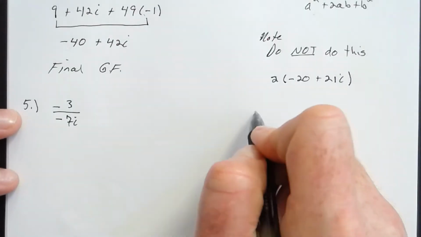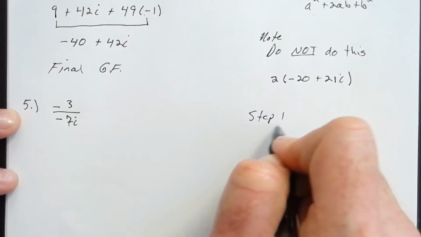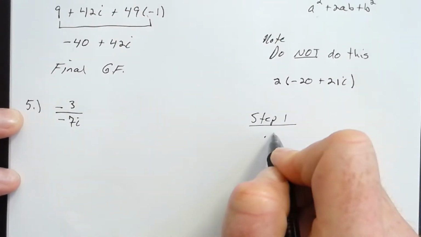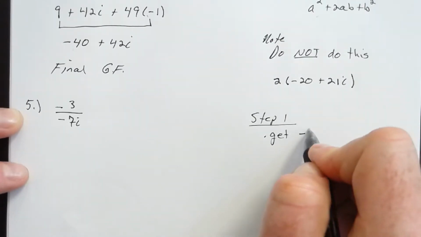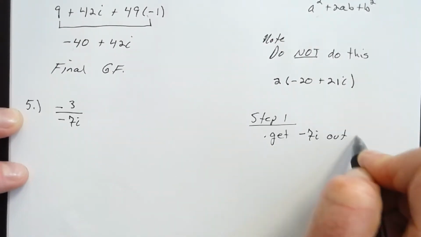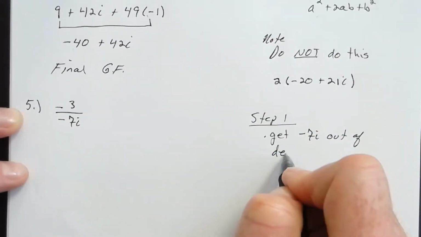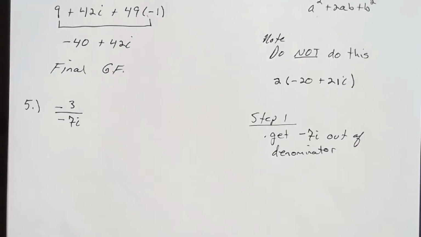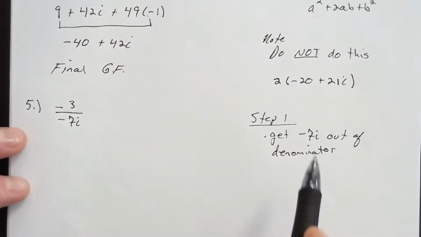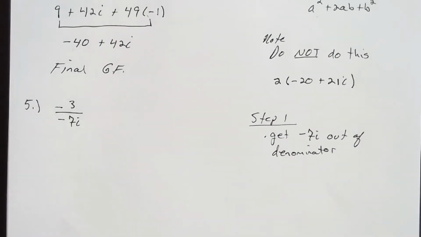Right? So step 1 is get negative 7i out of the denominator. It's not just negative 7i; whenever you have a problem like this, you always try to get the i's out of the denominator. How can we do that?